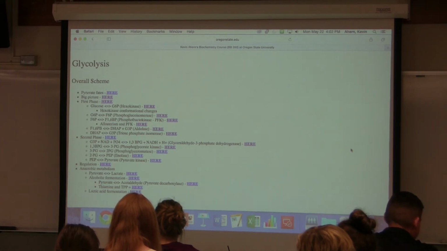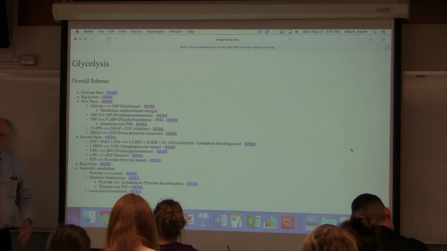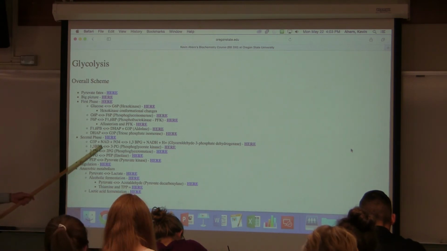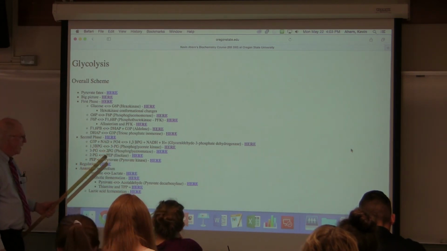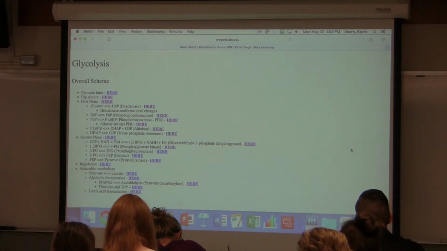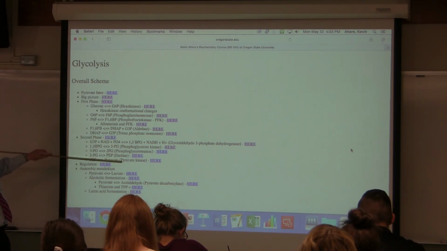Okay, well, last time I got to this point in glycolysis where I was talking about that substrate-level phosphorylation that is involved in making ATP. So making ATP is a critical component of glycolysis. We remember that in the second phase of glycolysis, we basically have two of everything down here.